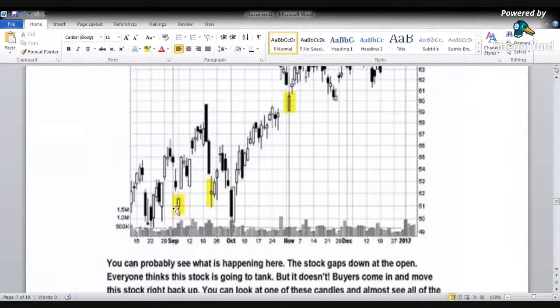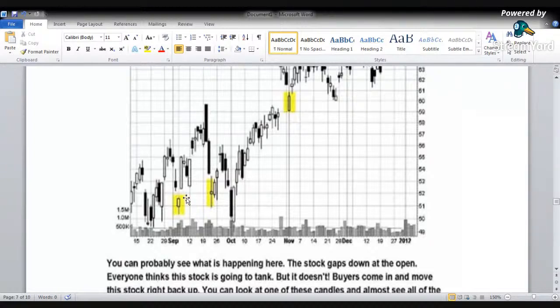The opening is at the bottom, but after the trading, it closed above the opening. So nag-gap siya, and then the candle closes above the opening. Itong bottom, ito po yung opening. The above is the closing.